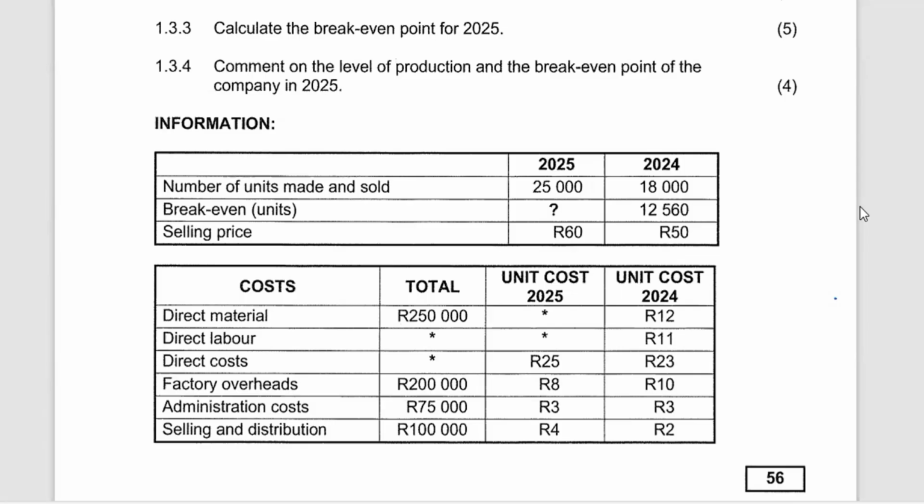We are given the number of units made and sold. So in 2025, 25,000 units were made and sold. So the direct material is 250,000.